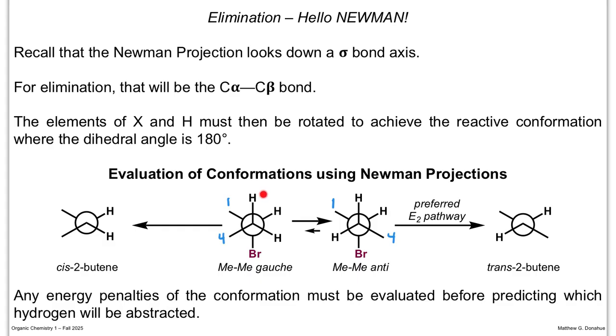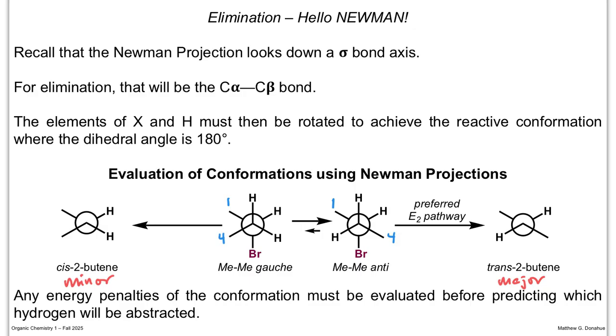Now this other hydrogen, which is different, will lead to the cis geometry. So in terms of major versus minor, this would be the major product. And that would be the minor product.